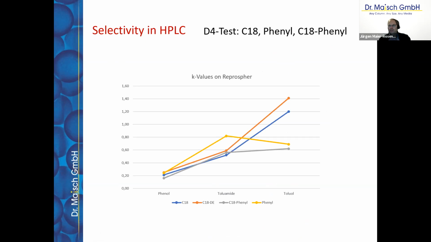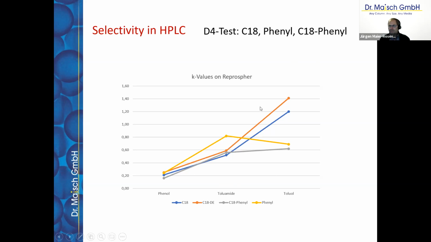What we typically do when we make method developments is control this change of the phases with the k values, and we put the k values in a graph, so you can see clearly what the differences of the stationary phases are.